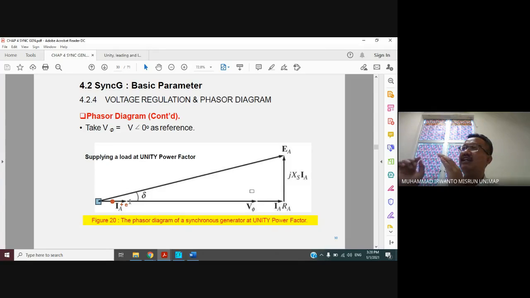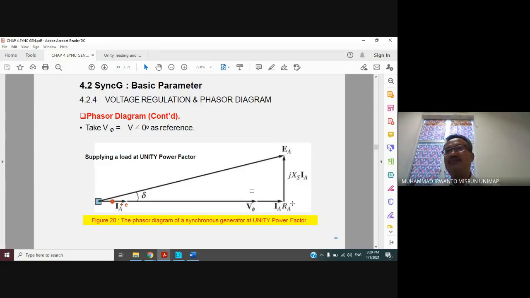IA RA is always parallel with IA, so its direction relative to the voltage is also 0 degree. Then you draw IA RA starting from the end of the phase voltage vector.